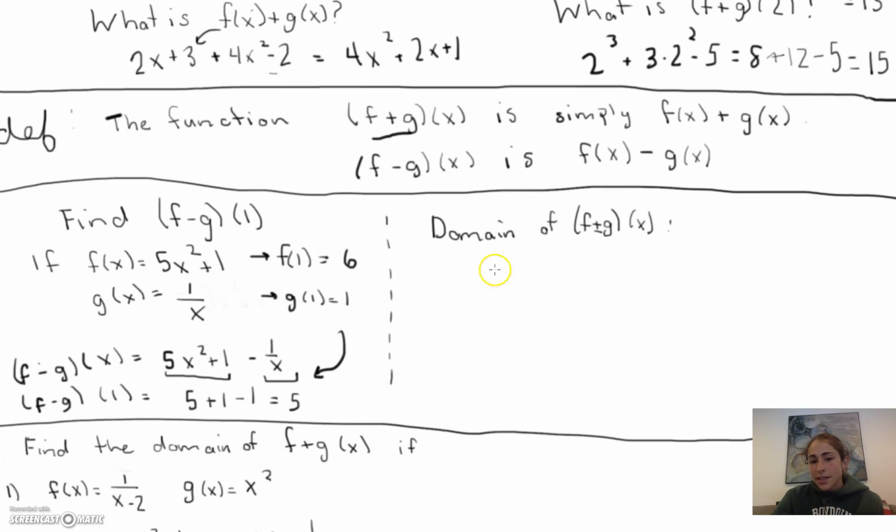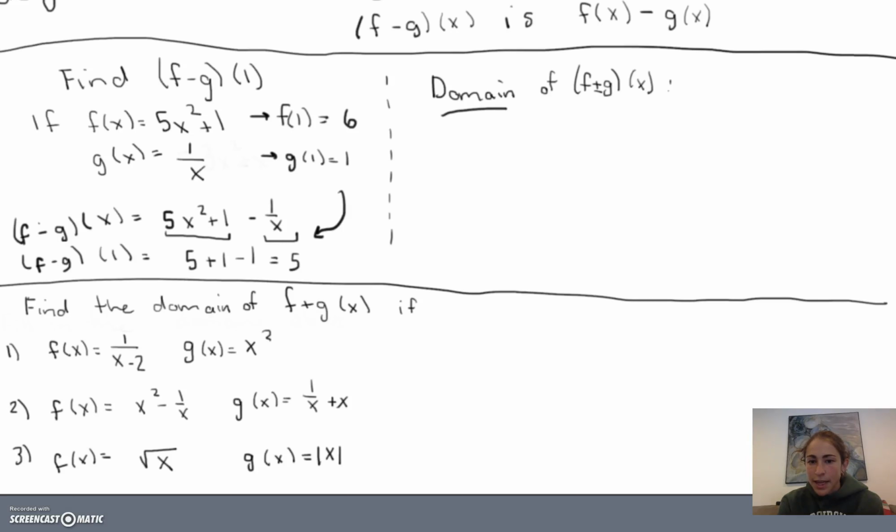So I could also ask you to think about how the domain changes, because this is a new function, right? So what should the domain be? Let's do a couple examples first. So here we have f of x is 1 over x minus 2. g of x is x squared.